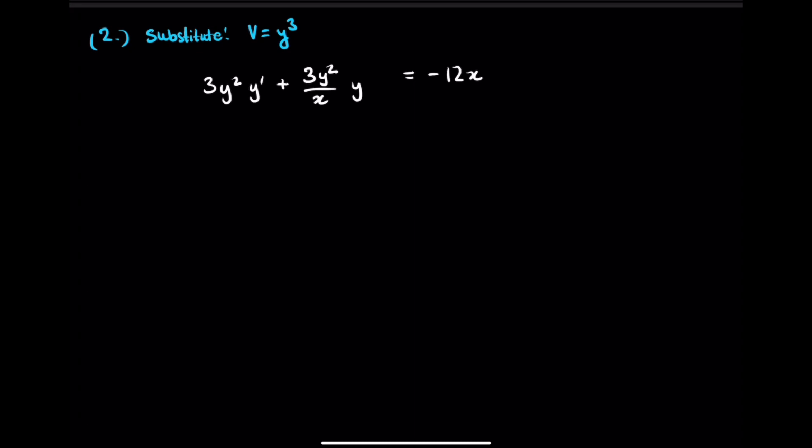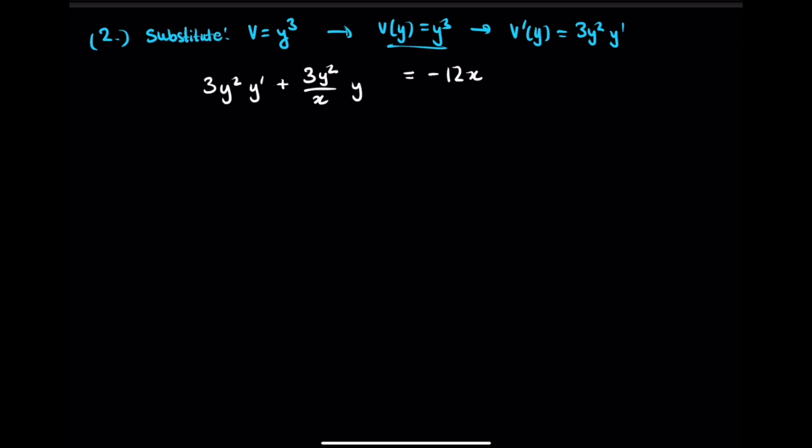So then your v prime, and okay, let me be very clear. v is in terms of y, right? So v(y) is y cubed. And so when we take the derivative of this, we get 3y squared y prime.